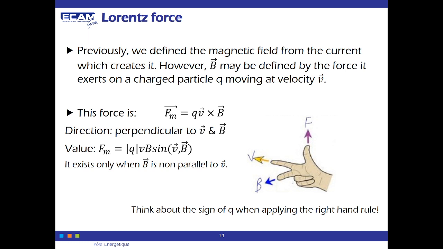The interrelation between the resulting force, the velocity of the charge-carrying particle, and the magnetic field could be established again by using the right-hand rule. Here the term represents the angle between the velocity vector and the field vector.